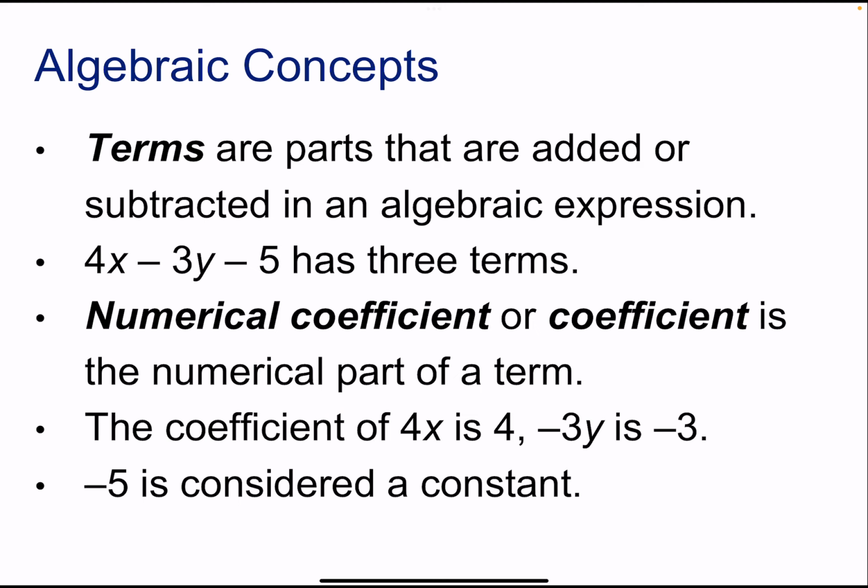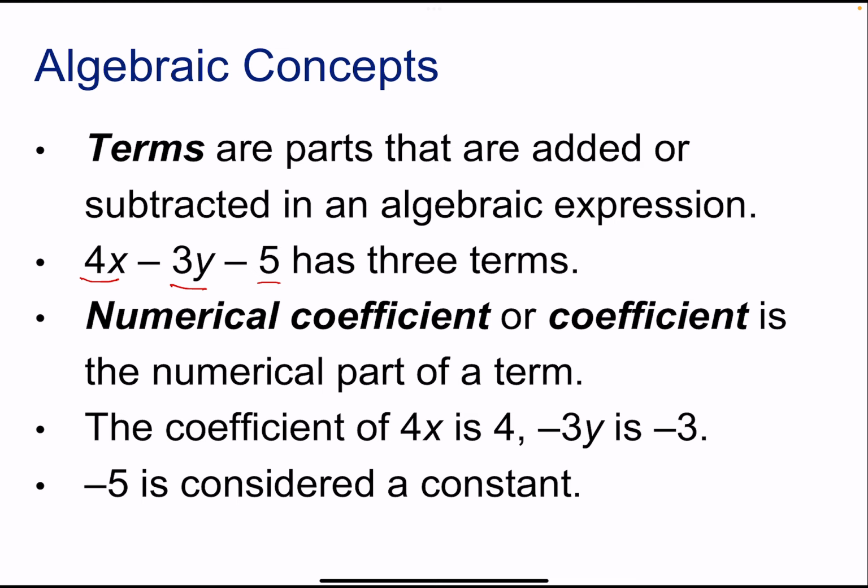Terms are just parts separated in general by addition or subtraction. Example here, 4x, 3, 1, 5. Those are terms. Okay. Coefficients typically just means the numerical part of a term.